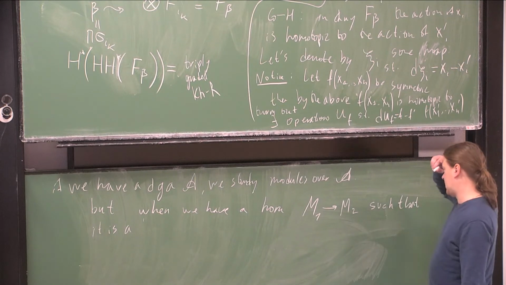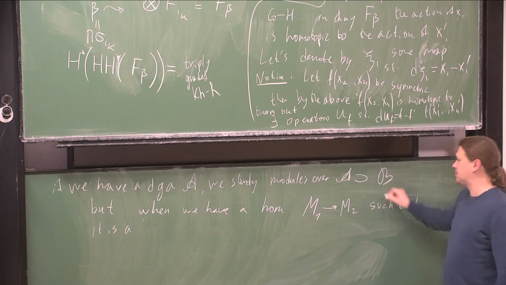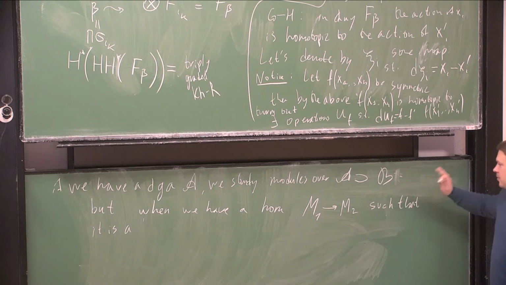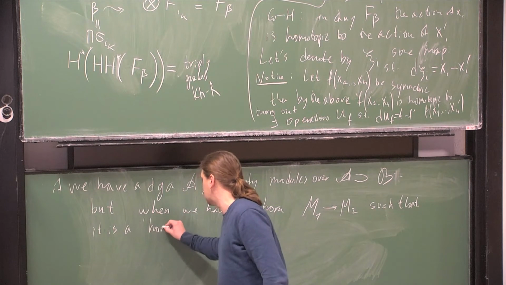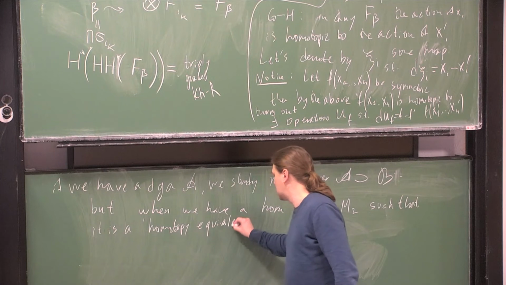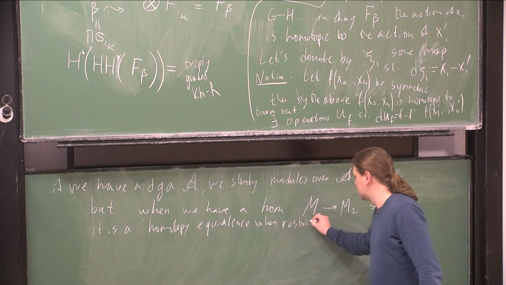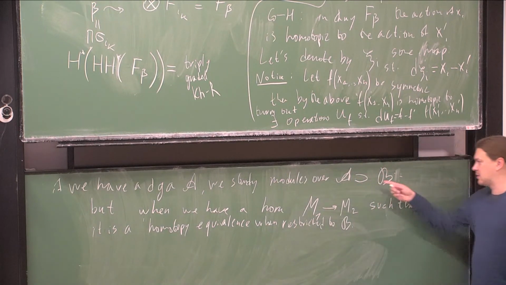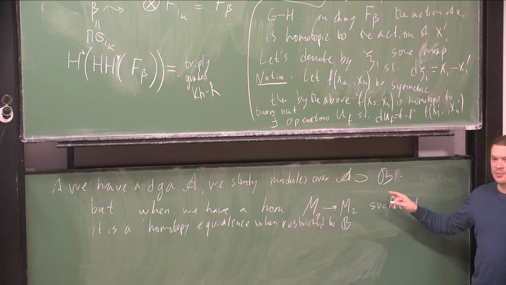What extra thing is that in A we have some algebra B, such that it is a homotopy equivalent. Now I will say what A and B are, but that's the general picture: you have an algebra, and inside there is some subalgebra.